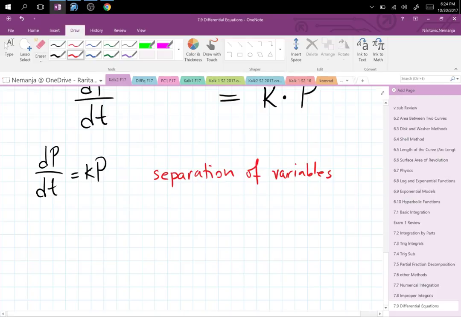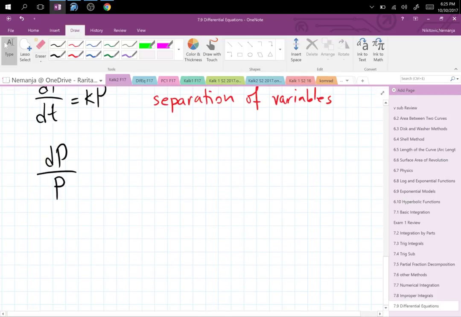So I'm going to leave k where it is. I'm going to bring p to the left and dt to the right, because dp and p are both population. One is a change in population, the other one is population, so that's all population. It all goes on a pile. And on the other side, I will just have k dt.